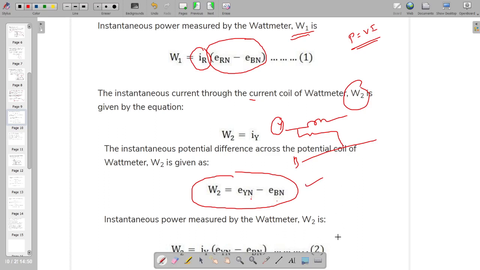In a similar manner, the instantaneous power measured by wattmeter 2 is equal to IY into EYN minus EBN. So this is equation 2.